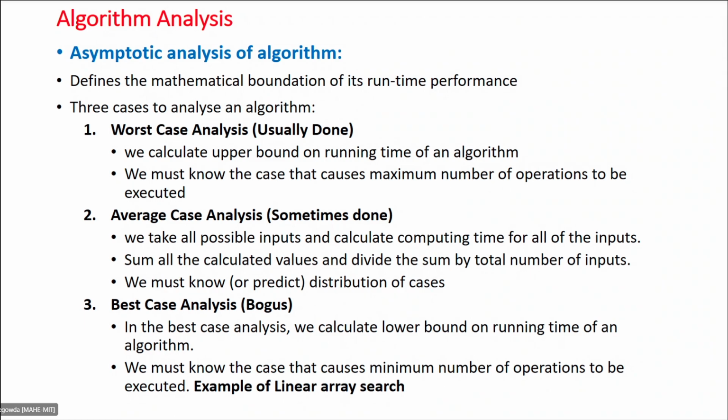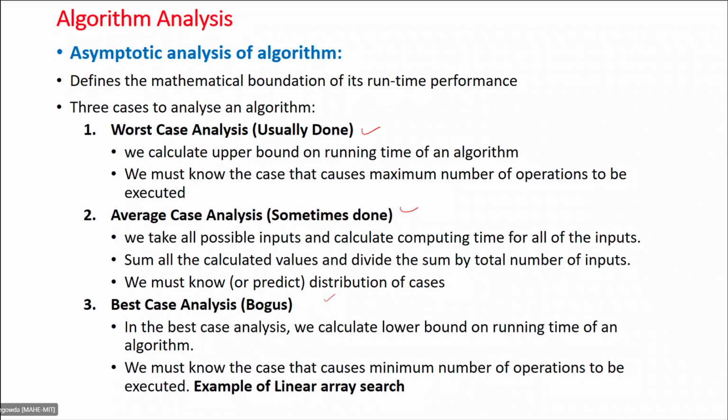Using this asymptotic analysis, we can easily conclude the average case, best case, and worst case scenario of an algorithm. So we are going to deal with these cases: worst case analysis, average case analysis, and the best case analysis.